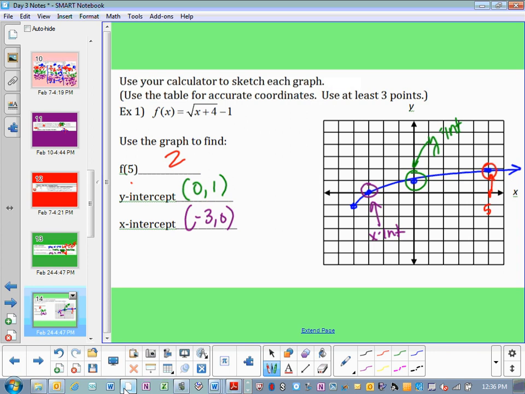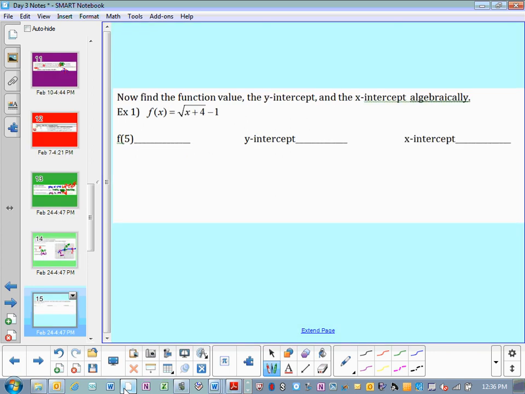Alright. The next thing I want you to do is we're going to take the same exact equation, but we're going to do it algebraically instead of using your calculator, because part of your homework tonight, your quiz, your test, I'm going to ask you to do this algebraically without using a calculator. So, same formula. How would I find f of 5 algebraically? Plug in 5. Oh, awesome.